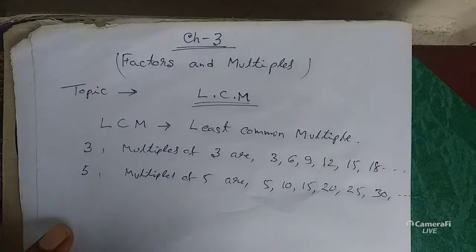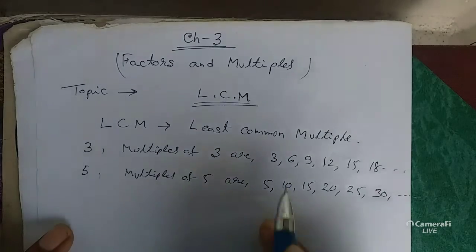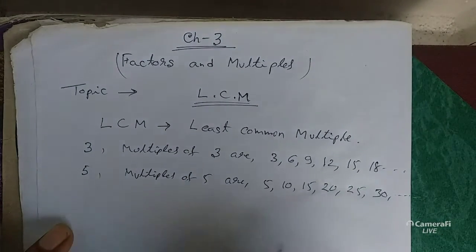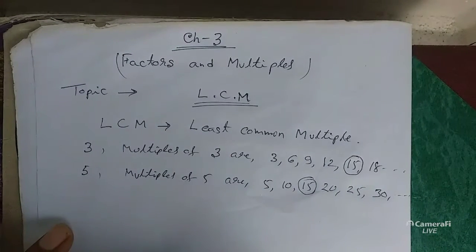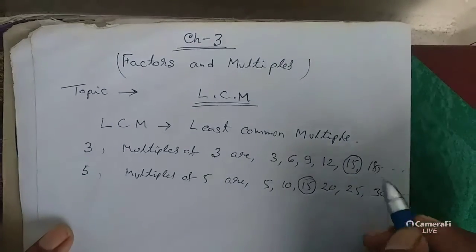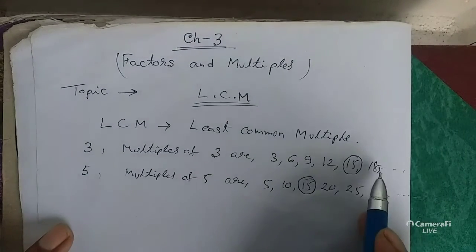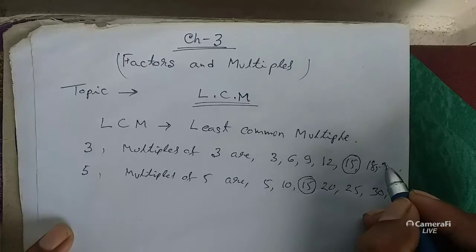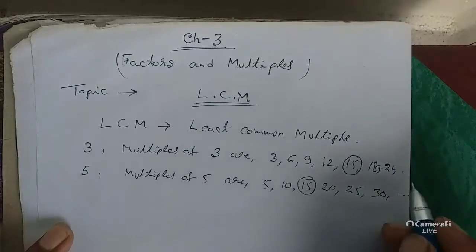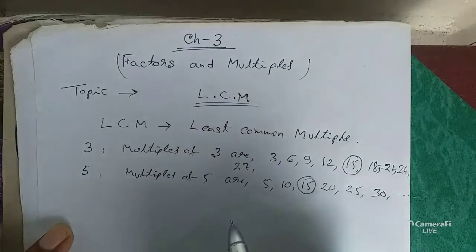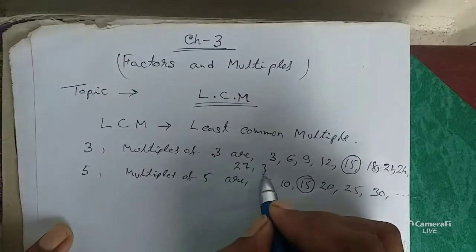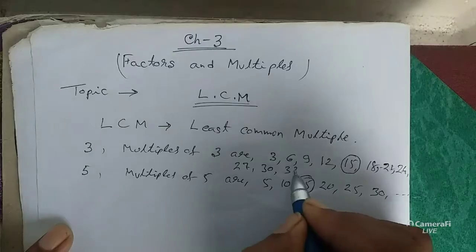So, if we try to find the common multiples between 3 and 5, first we get 15 as a common multiple. There you can get so many common multiples. If we go through the table of 3, up to here we have taken 18, then 3 7s are 21, 3 8s are 24, 3 9s are 27, 3 10s are 30, 3 11s are 33, in this way.